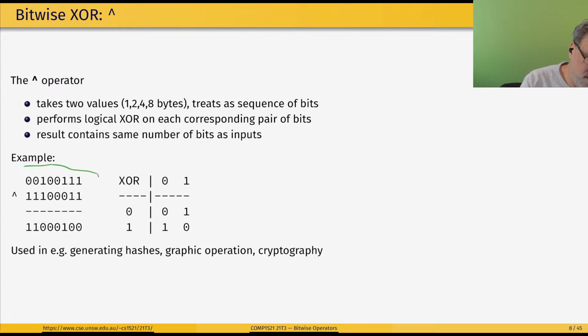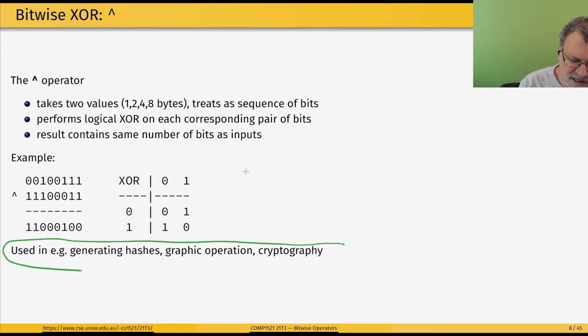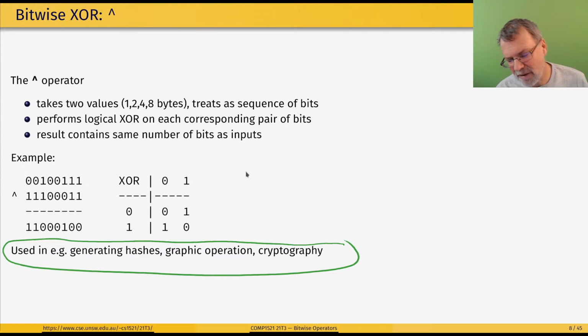So you could use those previous operations to get to an exclusive OR, but I love exclusive OR. My favorite of these operations. We'll use it much less in this course. Exclusive OR is used heavily in hashing, graphic operations, and particularly in cryptography. So exclusive OR, or XOR: 0 or 1, 1 or 0 is 1, but 1 exclusive OR 1 is 0.